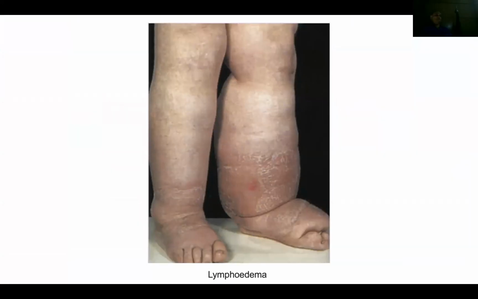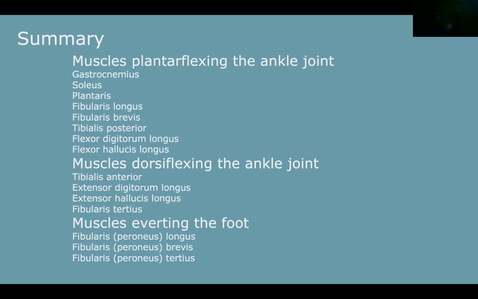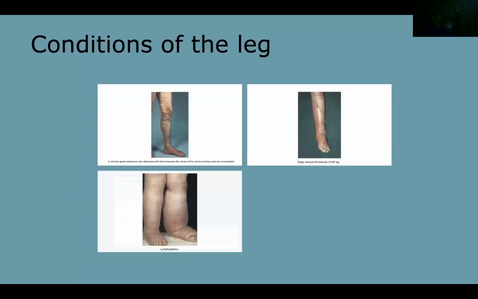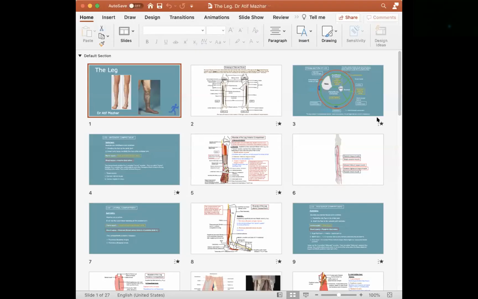Now, when these veins are pushing, the blood will return back. And when the valves become incompetent, blood will be forced to stay in these veins, and that will cause a problem.